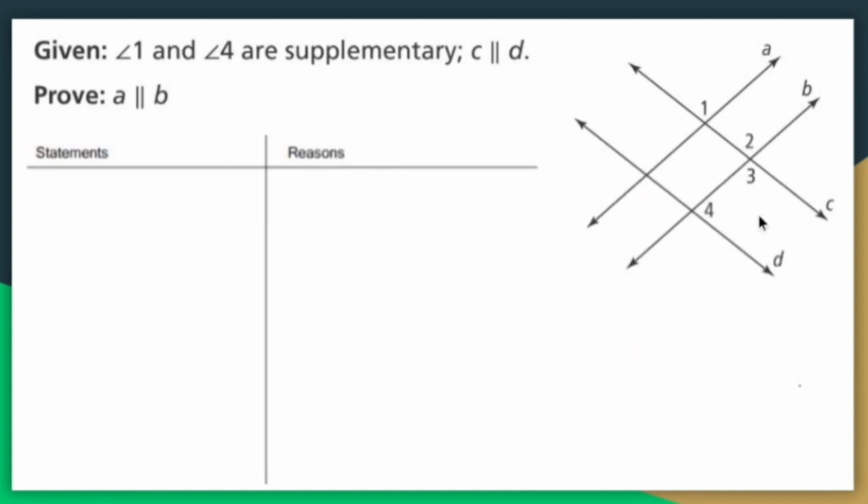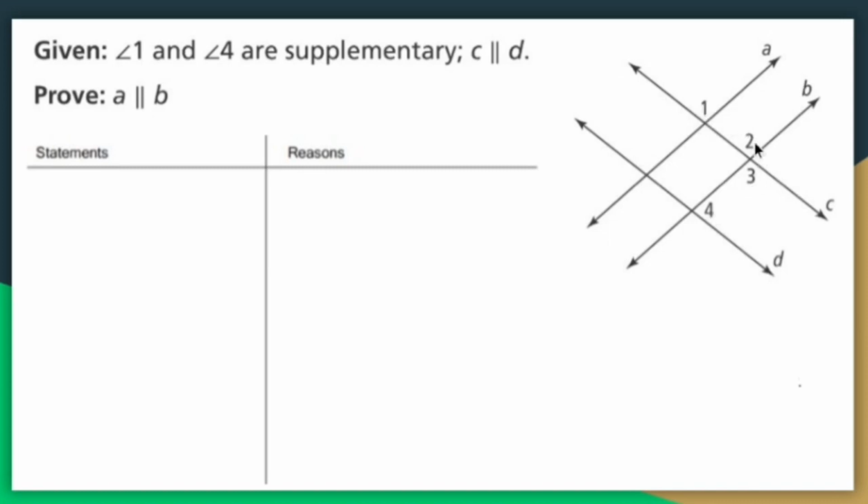Let's see what I'm going to do. Whenever I have a two-column proof, I like to make a little bit of a rough draft. So I need to get from 1 to 4. Actually, I have 1 and 4. They're supplementary. So I need to show that A and B are parallel. So maybe I could take 1 and 4 and use that to connect 3 to 2.